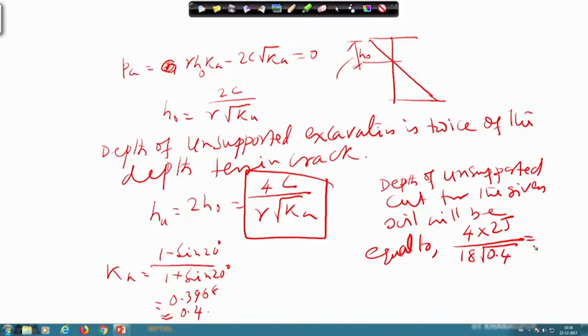That gives a value equal to 10.58 meter.